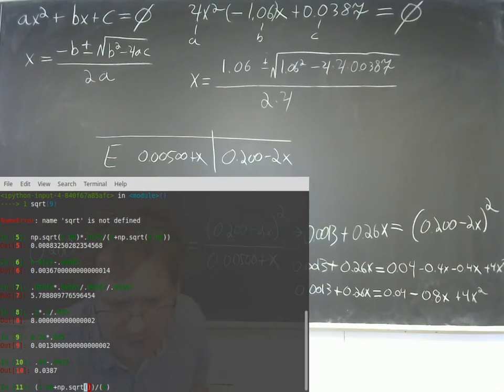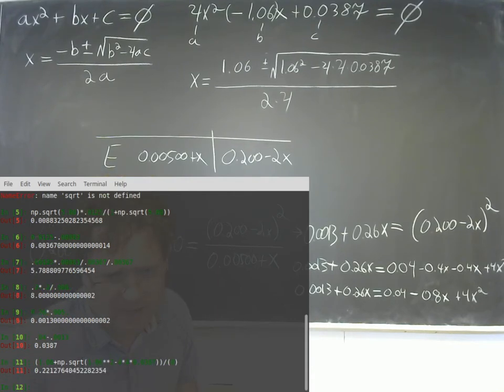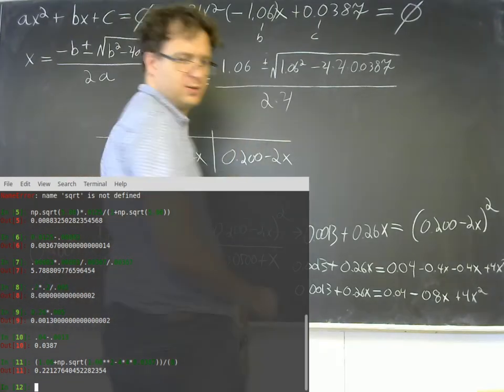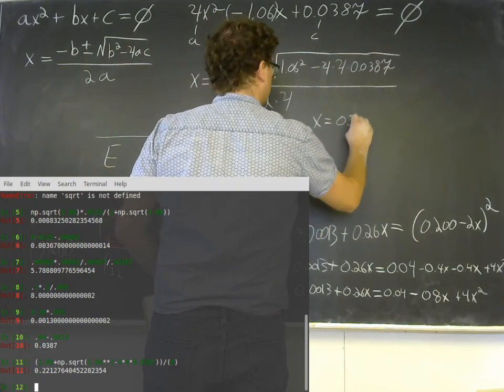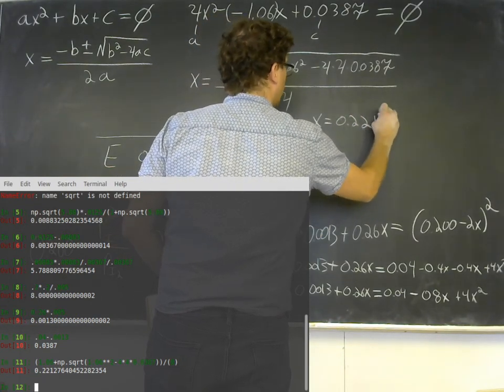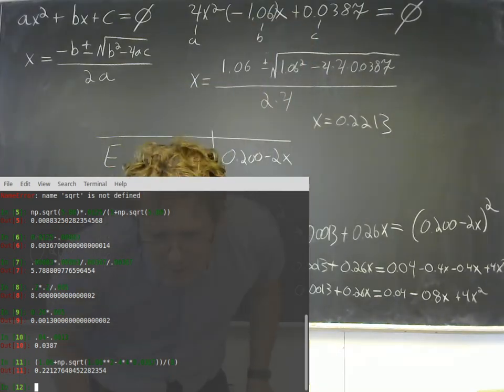I'm going to have the square root of 1.06 squared minus 4 times 0.0387. And I get a value of x here that is 0.2212. So x is equal to 0.2213 if we round that up.